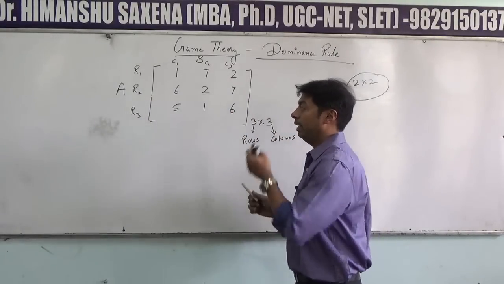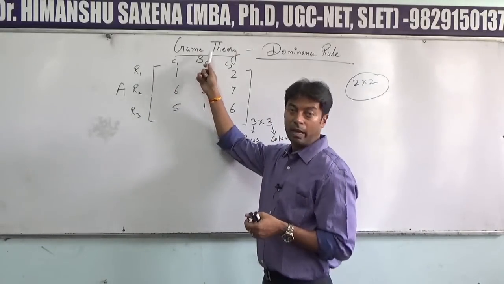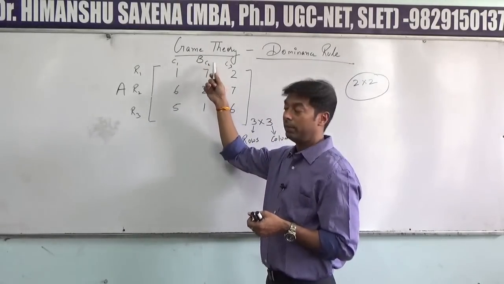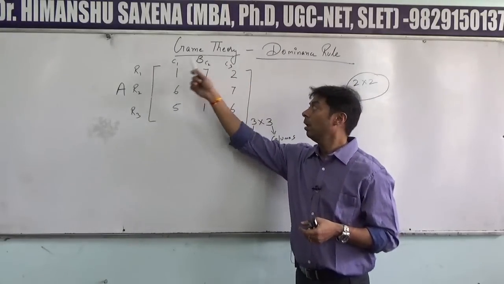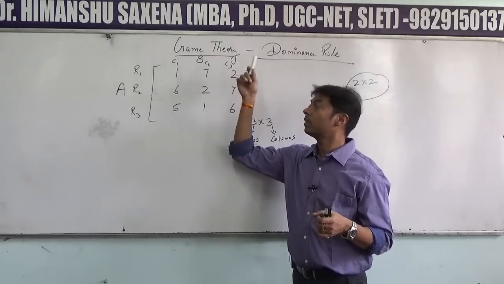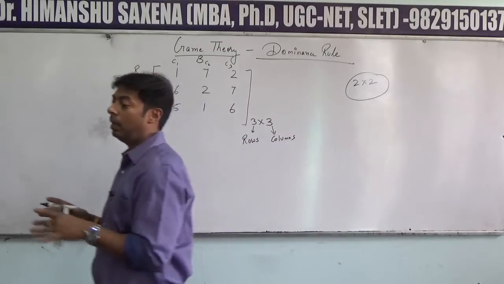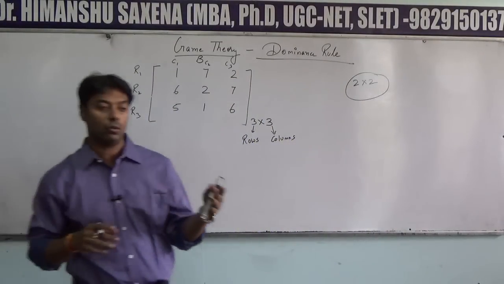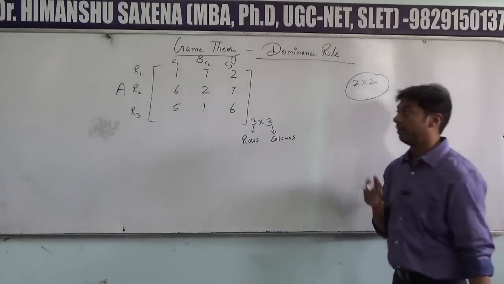Sometimes if none of the row is eliminated, we will have to move on to the columns. We will have to compare column 1 with column 2, second column with third column, or column first with third column. So we will have to make comparisons, and we will have to eliminate rows having lesser values and columns having greater values.